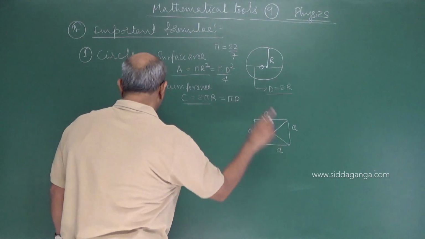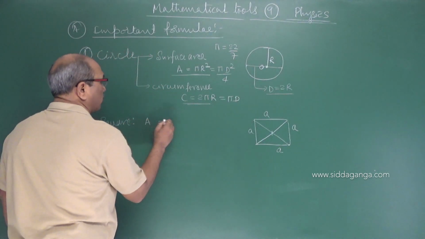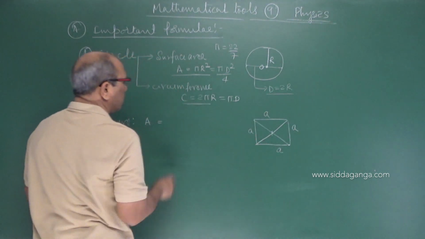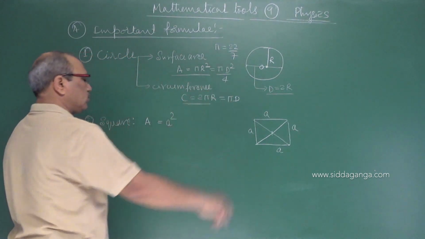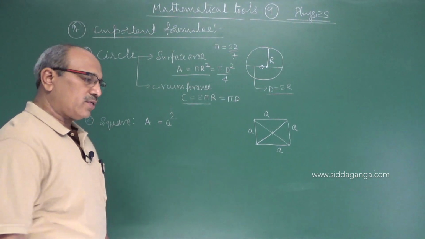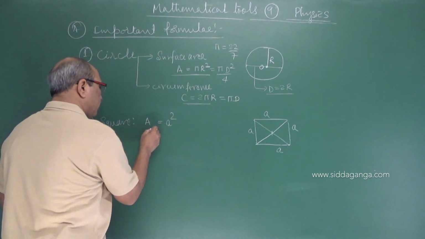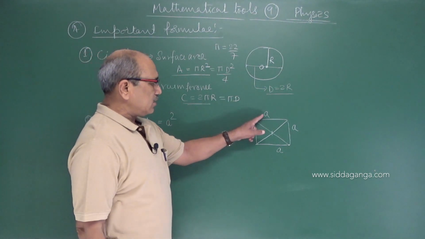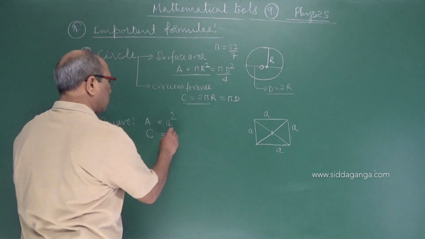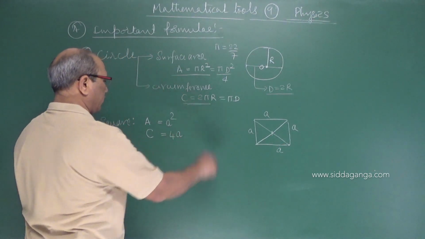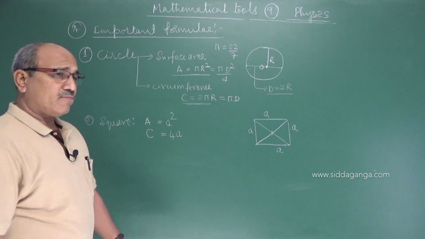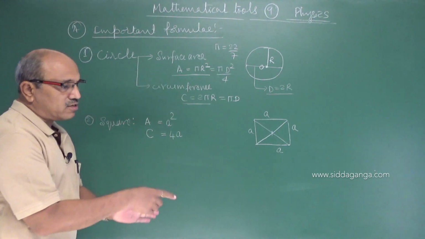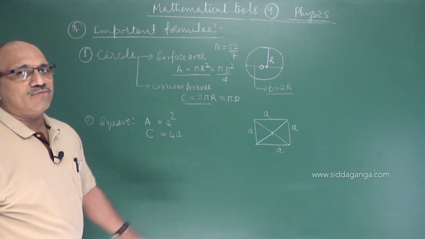But the 2 things again: the area, if I call each side a, then a square gives you the surface area of the square. If you want the circumference of that square, each side is a plus a plus a plus a, so it is equal to 4a. May be simple, but I am only making you recall, and in one page we have to have all the formulas.